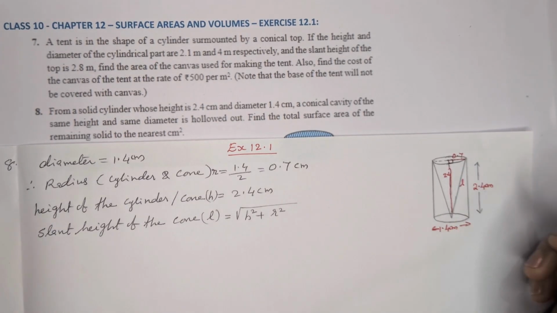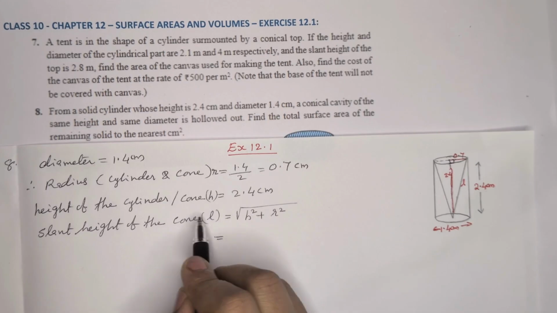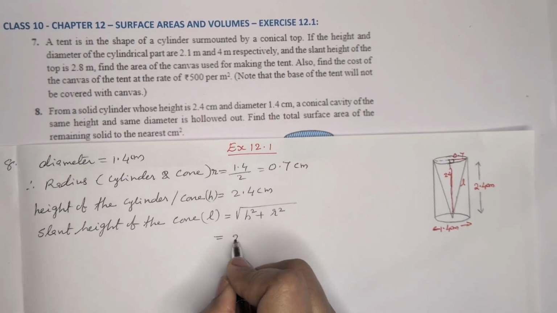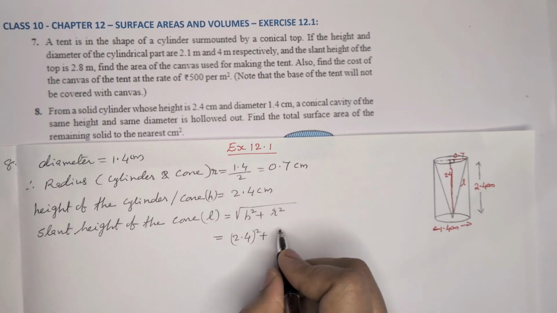Now slant height L. So using the formula L is equal to root of h square plus r square, which is equal to, in place of height 2.4, 2.4 square plus radius is 0.7.